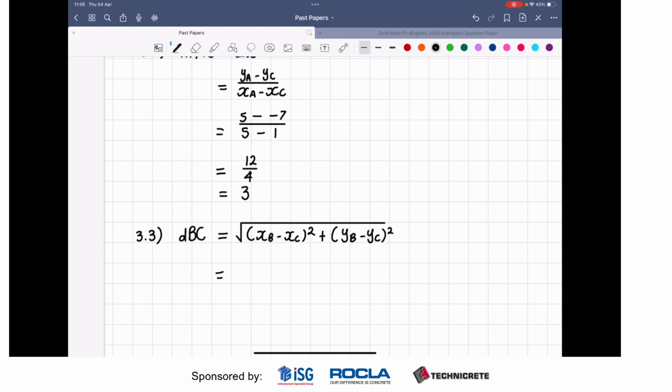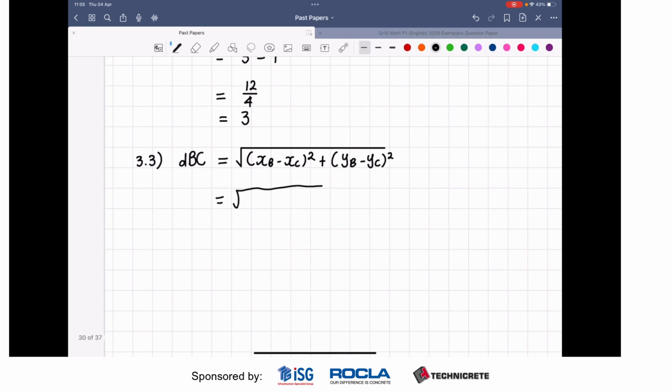So I'm just going to substitute in these values. So B was the point -7 for x, and C has +1, so I've got minus +1 for the x of C squared, plus y of B was 1, and minus the y of C, which was -7 squared.